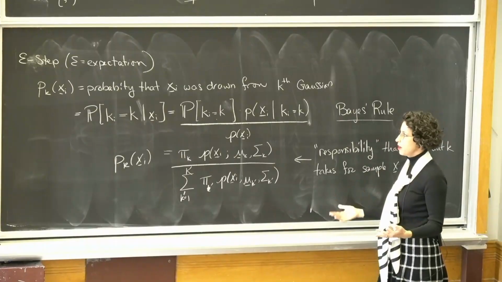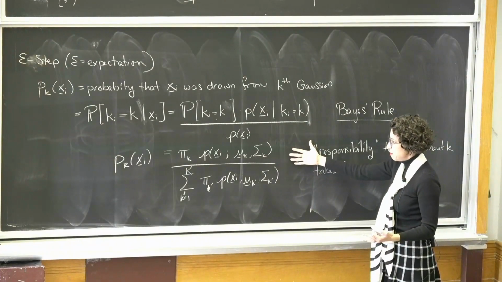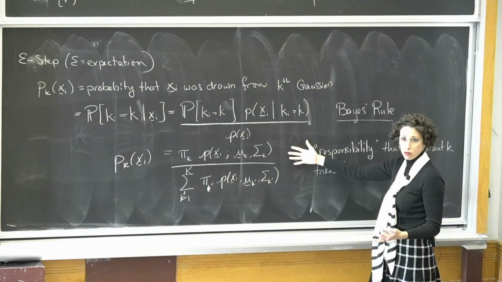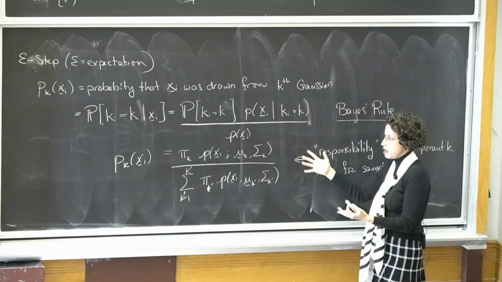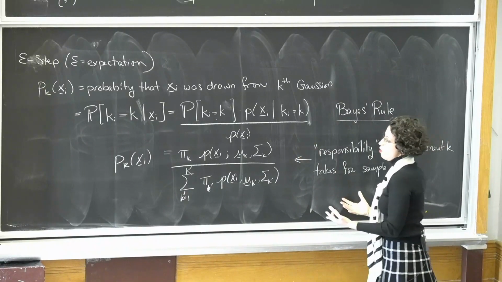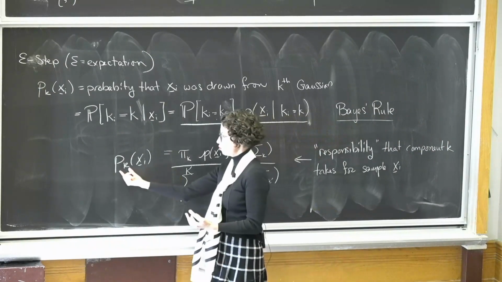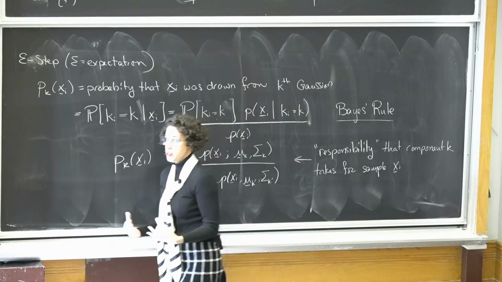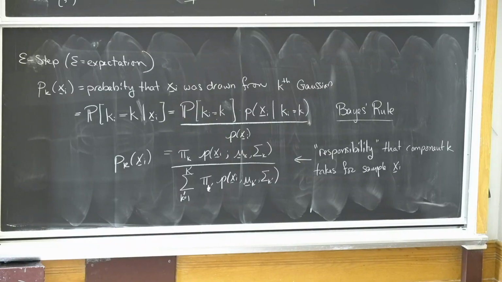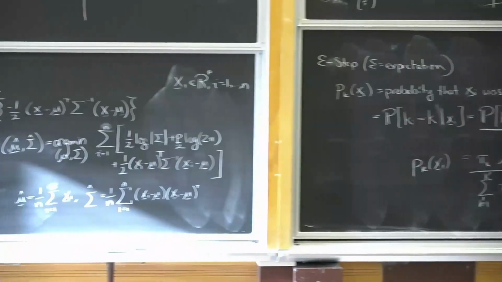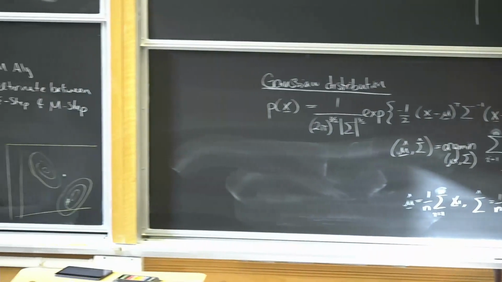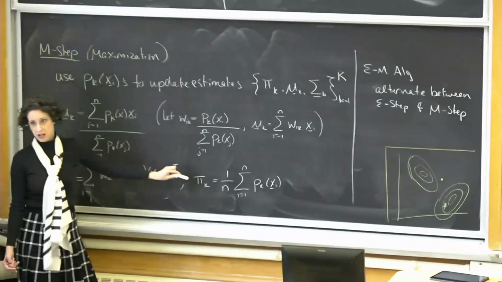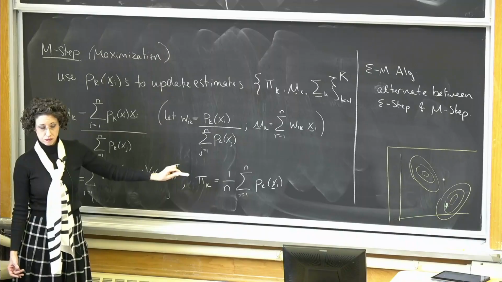And then for each iteration, we would first do this E step. We would estimate all of these responsibilities. We would basically figure out how well associated each sample is with each of the Gaussian components we've estimated so far. And then given that information, we would go back here and perform the M step and update our estimates of the means and the covariances and the weights.